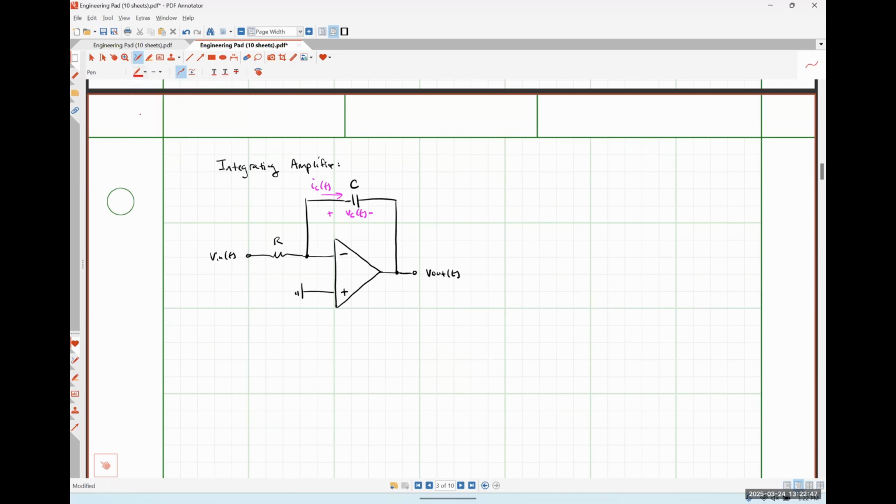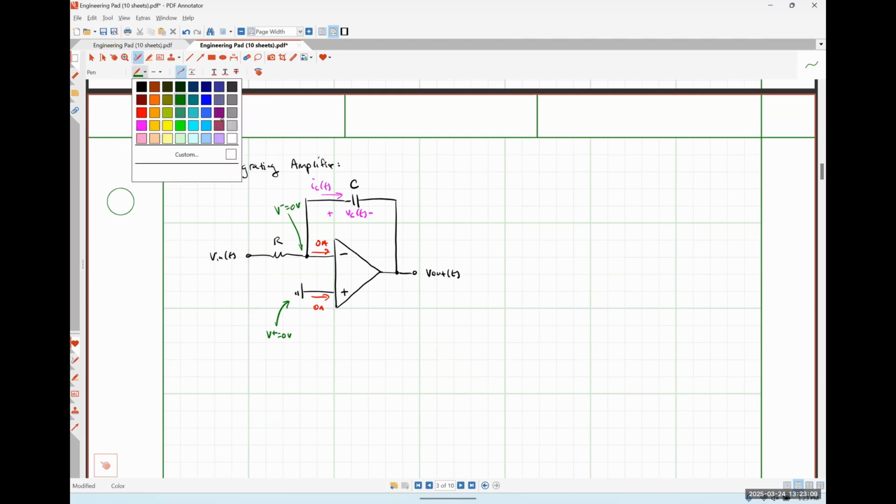So applying our ideal op-amp rules, we can see that we have no current flowing into our input terminals. The voltage present at the non-inverting input terminal is 0 volts, which means the voltage present at the inverting input terminal is also 0 volts.